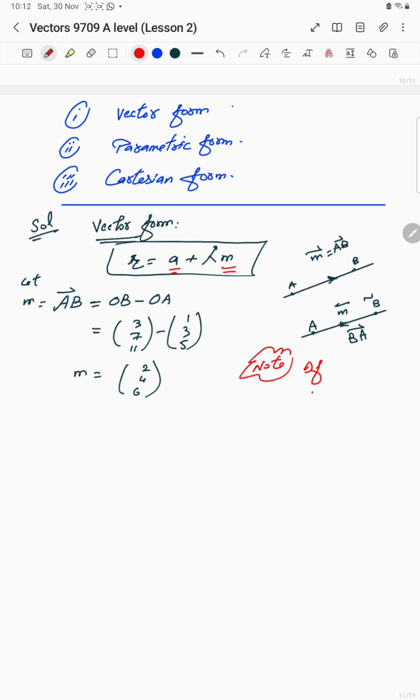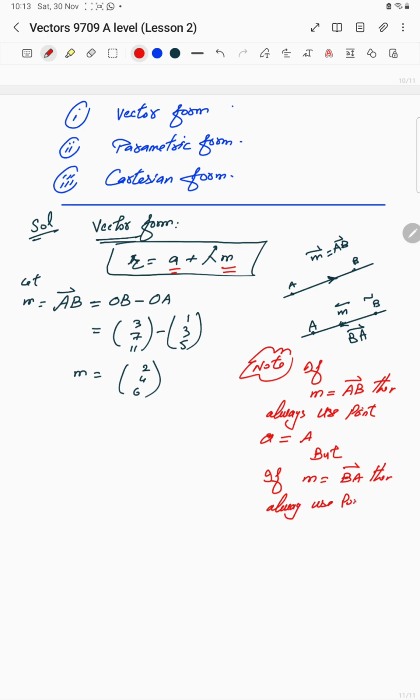If you are taking direction vector M from A to B, then always use point A in the formula, equal to the coordinates of A. But if you are taking direction in the opposite way, BA, then always take the point A equal to B, because we always take it from the starting point, from where the line starts the direction. So you need to be very careful.